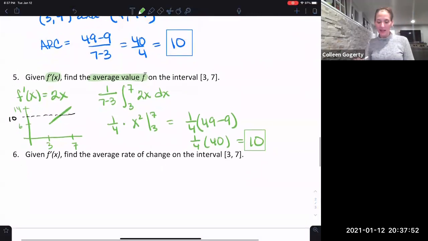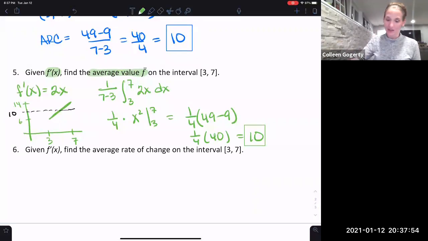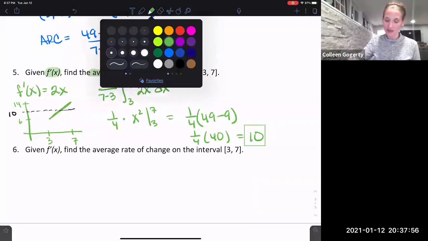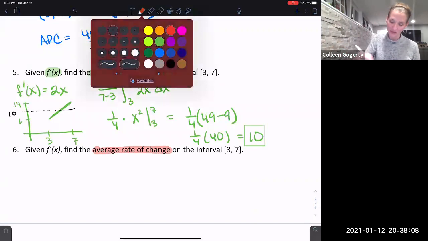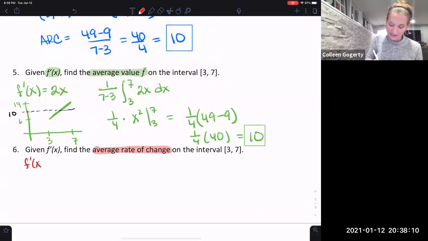Okay, and our last question for today. I'm going to look at this one and see average rate of change. I'm highlighting it because if you're not careful, you're going to try to do crazy stuff, and we don't need to. We've already found the derivative. It was nice and easy, 2x. Now I want the average rate of change on the interval 3 to 7. So we've got 3, 6, and we've got 7, 14.